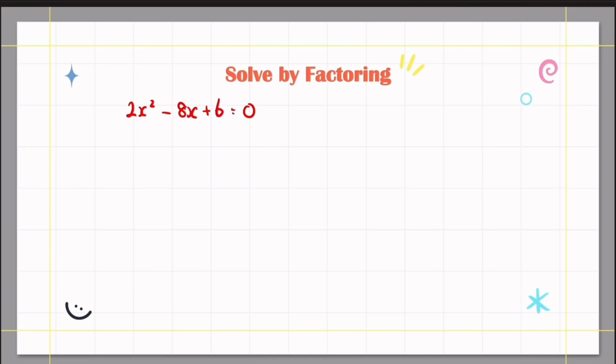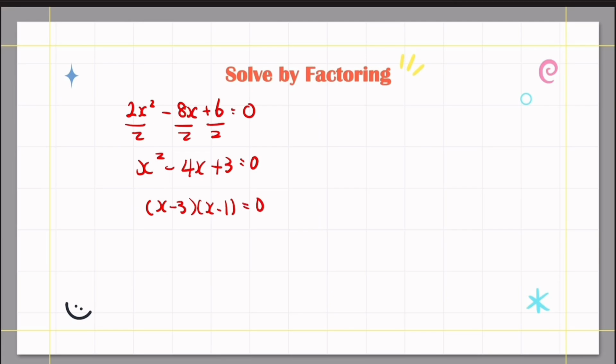So first, we need to divide all the values by 2. And hence we get x squared minus 4x plus 3 equals 0. Then the next step is to use our calculator to find the next equation, which is (x minus 3)(x minus 1) equals 0.